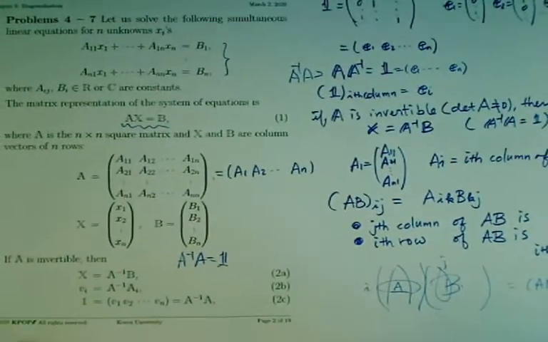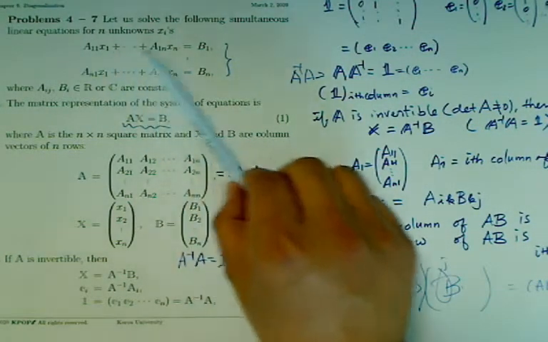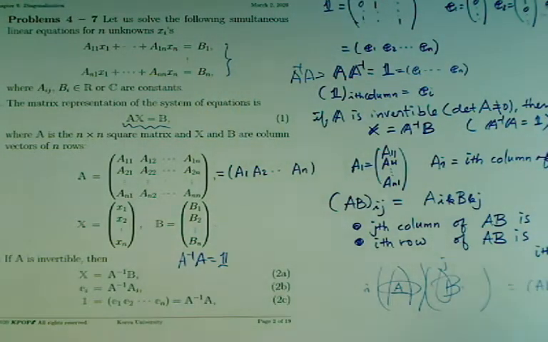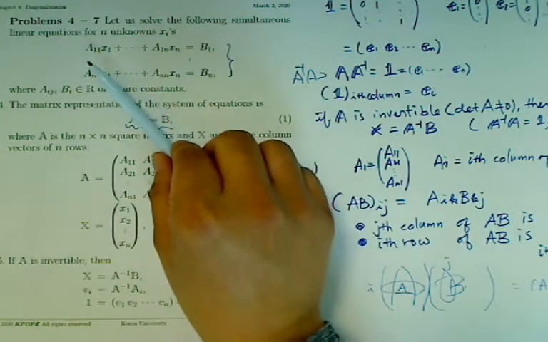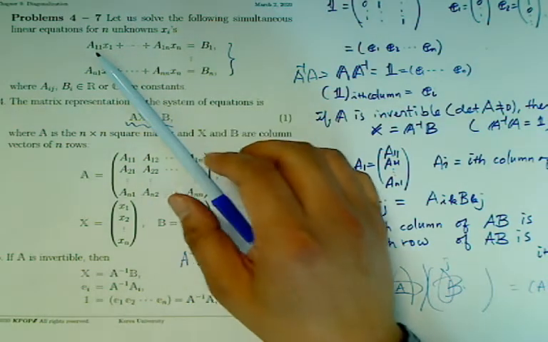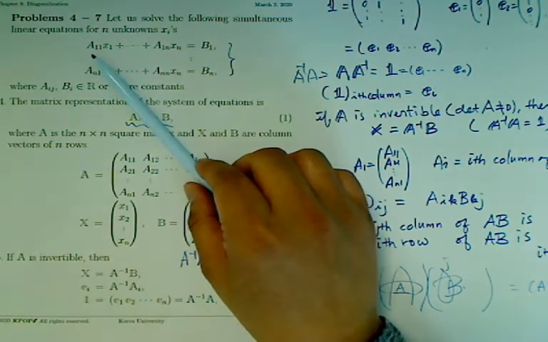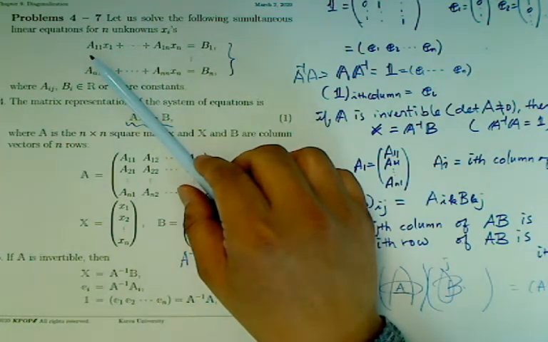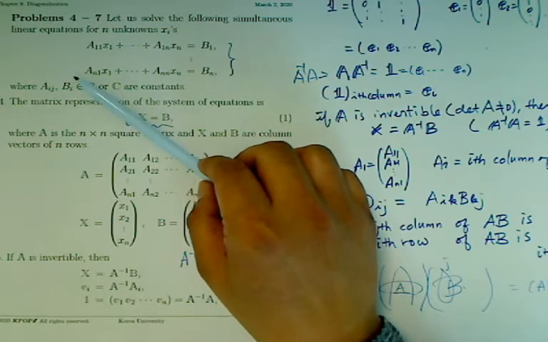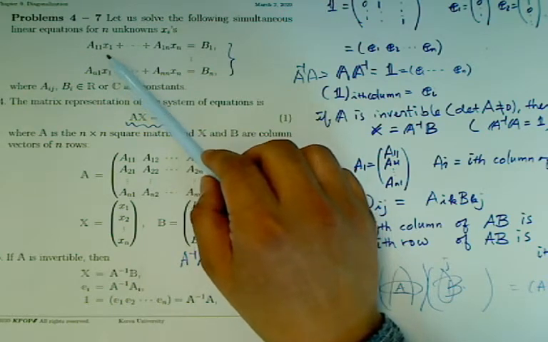Let us solve the linear equations of n unknowns, x1 to xn, which can be written in this form. Here, the first index of the coefficient shows the nth equation, and the second index of the coefficient represents the nth variable, the nth unknown, that it is multiplied to.